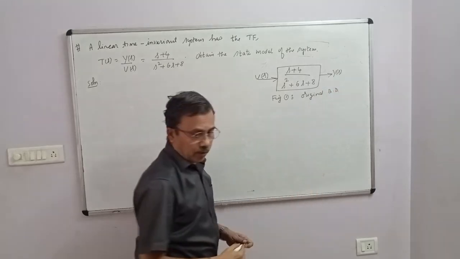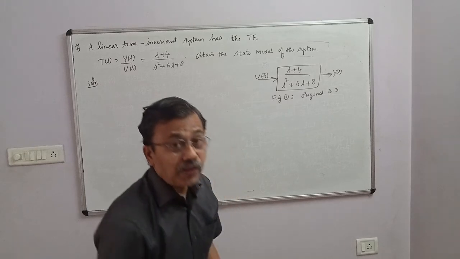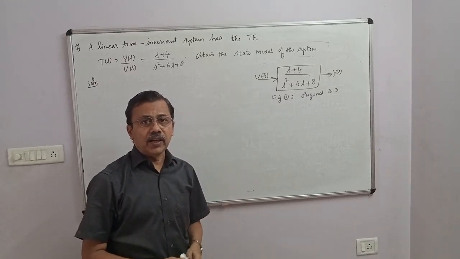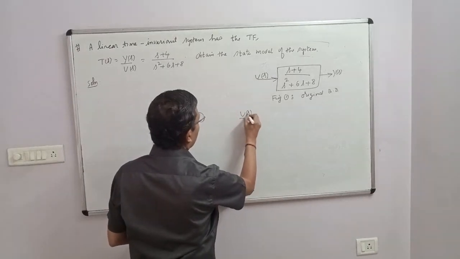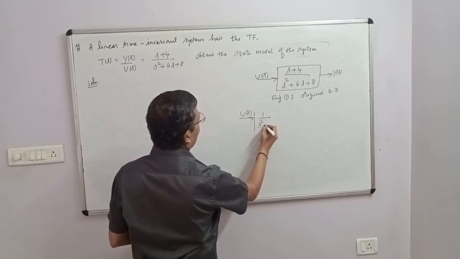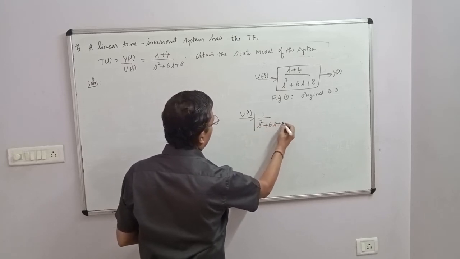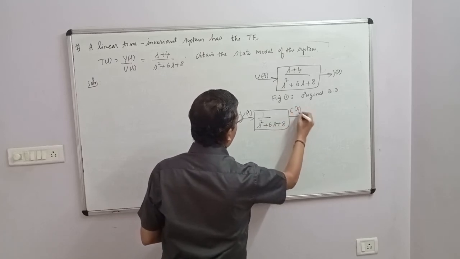This original block diagram is replaced by an equivalent block diagram, wherein we shall consider the poles separately and zeros separately. See, this is what I am going to write. U of s is the input. Poles are considered separately by 1 over s square plus 6s plus 8. Intermediate output is C of s.